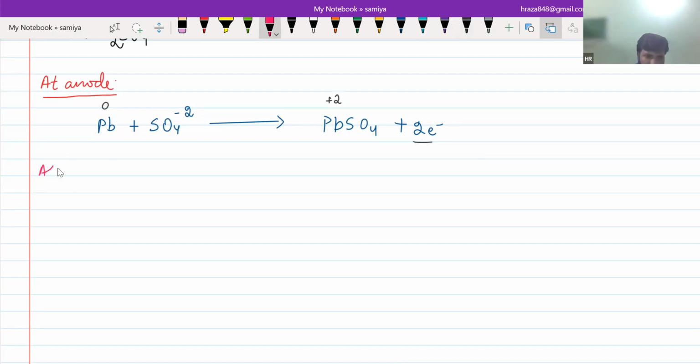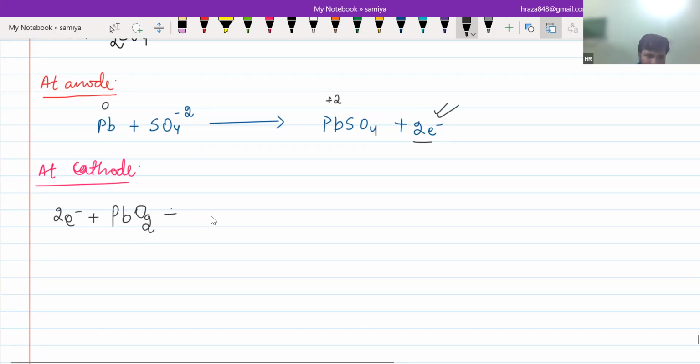And again at the cathode, you know that there will be reduction. Reduction means gaining electrons, so where do the electrons come from? The 2 electrons lost by lead will be gained at the cathode. At the cathode PbO2 was present, and SO4 2- is also there, and H+.